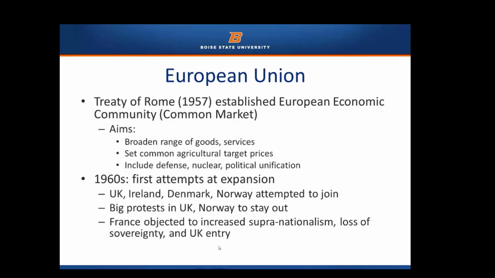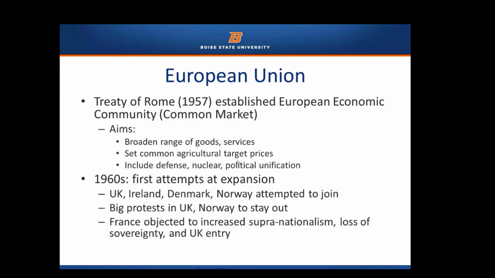Then a few years later, the Treaty of Rome established a common market. Rather than just coal and steel, it wanted to broaden the range of goods and services it applied to. So free trade among a broader range of goods, and it was first to tackle a difficult area, which is agricultural goods.